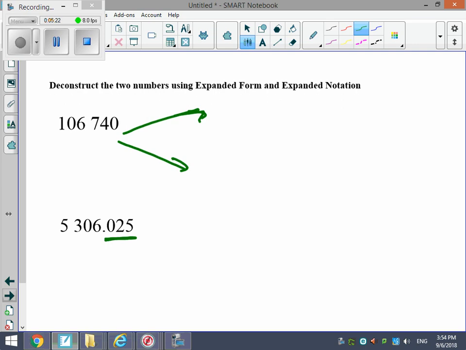So I asked you to go home and take a shot at it. You can ask your brothers and sisters for their opinion. You can look it up. You can take a great guess at it. But somehow try to understand and bring us something to talk about tomorrow of how you're going to put that decimal 0.025 into expanded form and expanded notation.